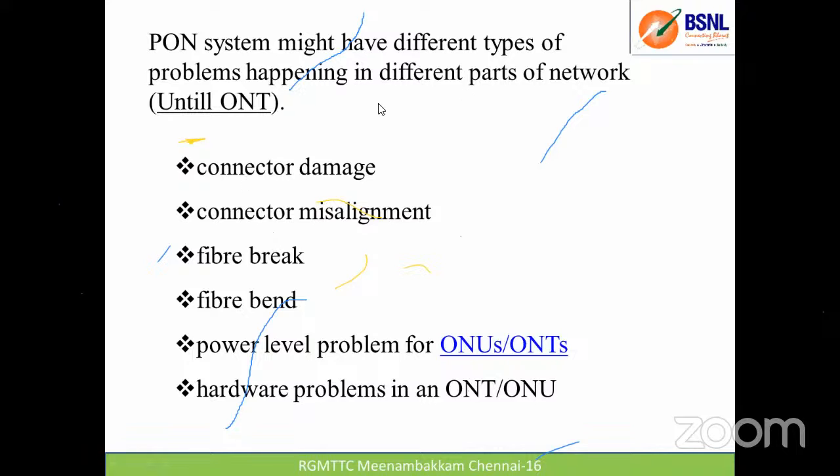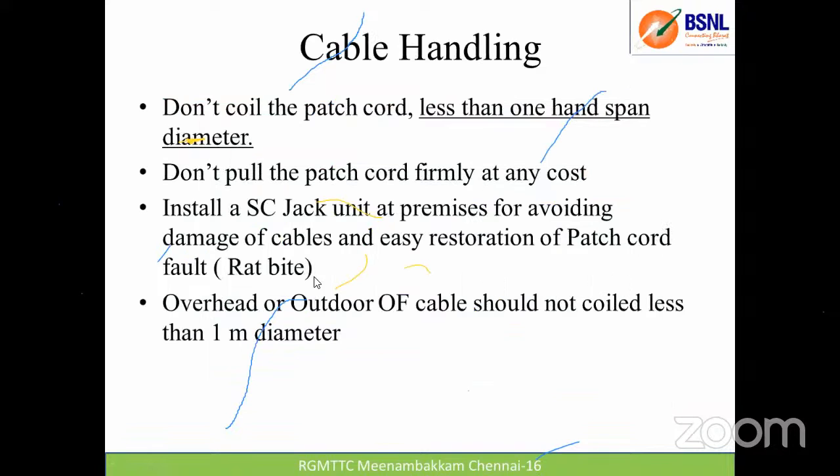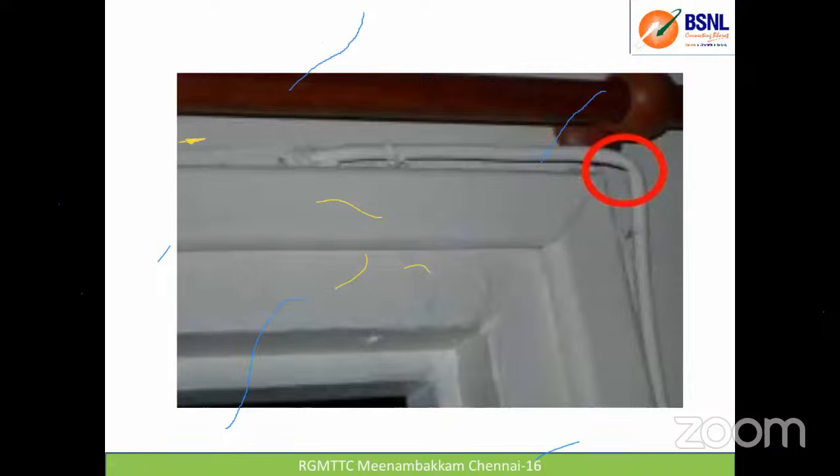Some of the problems that may occur in the network are connector damage, connector misalignment, fiber break, and fiber bend. Fiber bend is also a problem. We should not bend the fiber very sharply. The fiber should have a radius of around 1 meter, and only then can we reduce the bend loss.